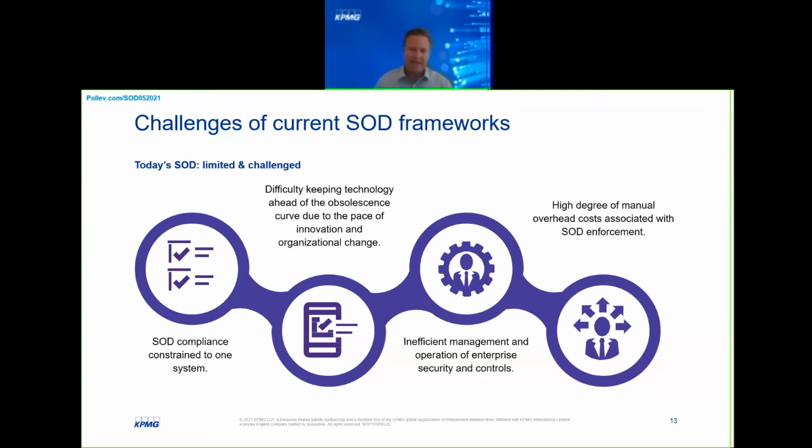So this slide is kind of a refresher. I think just based on some of the poll results that we saw, it's going to be pretty familiar to a lot of the individuals on the call today, because we're focusing on SOD within one system, like Nick mentioned before. There's a high degree of change going to cloud, IoT, RPA.